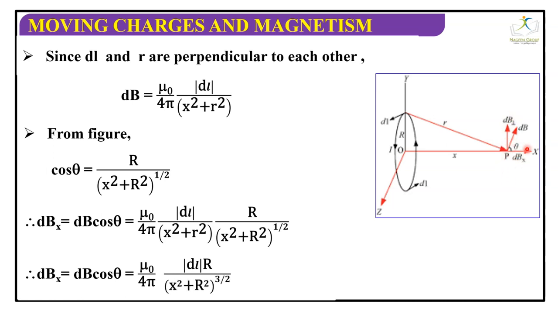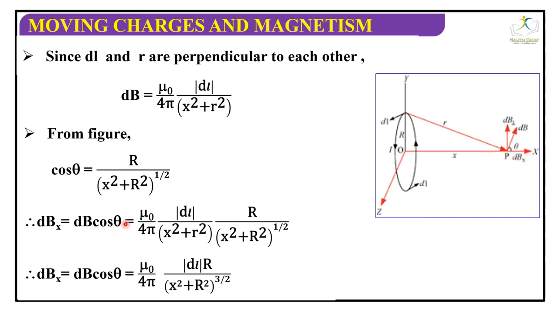The component which does not change here is dBx. In the x-axis, we take the horizontal component. There will be two components of that particular field: dB sine theta, which cancels out, and dB cos theta, which will add up.